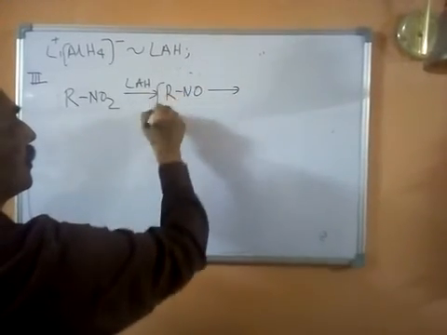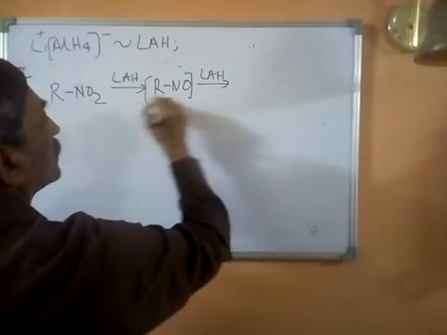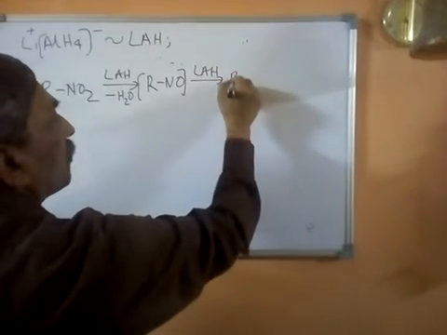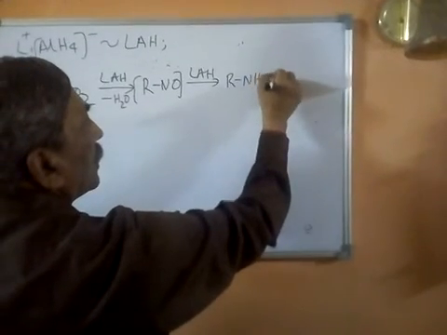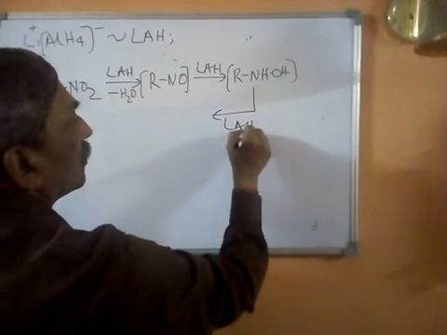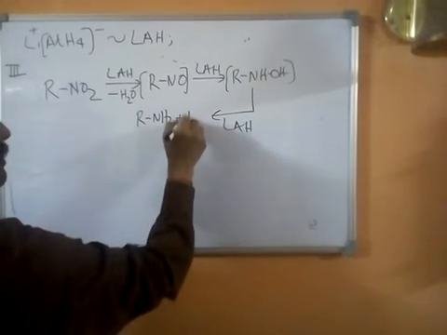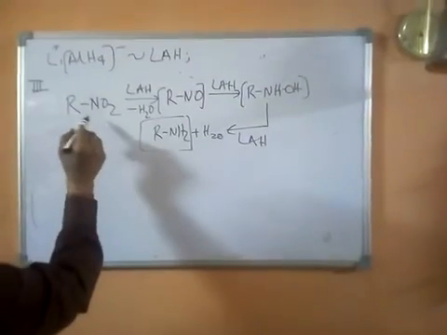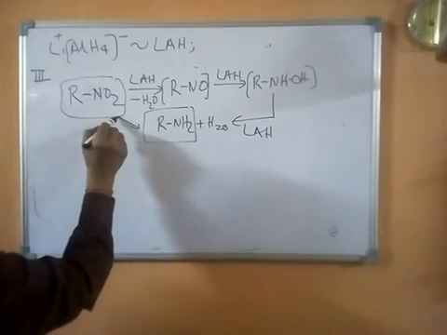This nitroso compound can further reduce, minus H2O, to form an N-substituted hydroxylamine, and this can undergo further reduction to RNH2 plus water. So finally, from the reduction of RNO2, you end up forming the product RNH2.